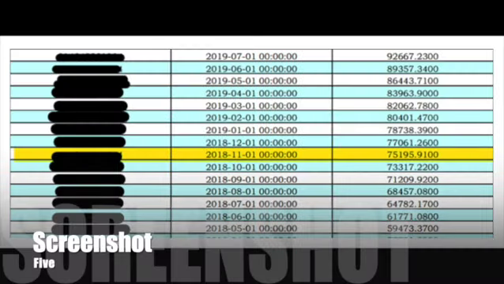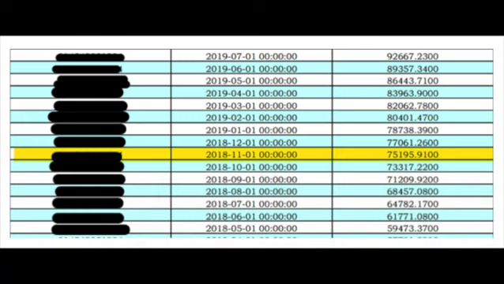So when we got the download from City Power, we had a look, and on the next screenshot, you will see that in fact, in 2018, the meter reading says 75195, not 31,614, a rather large difference.